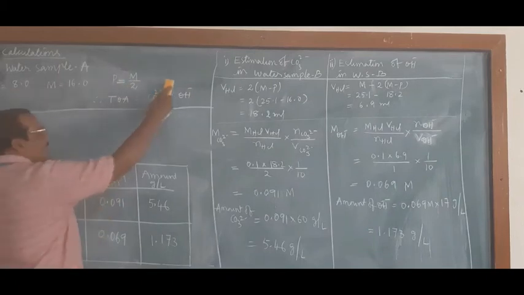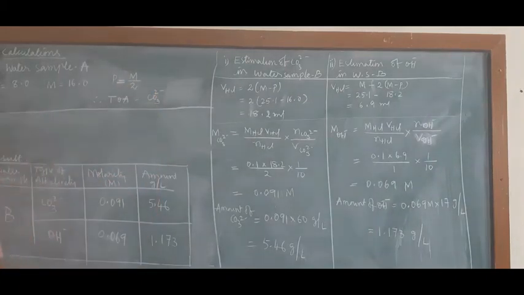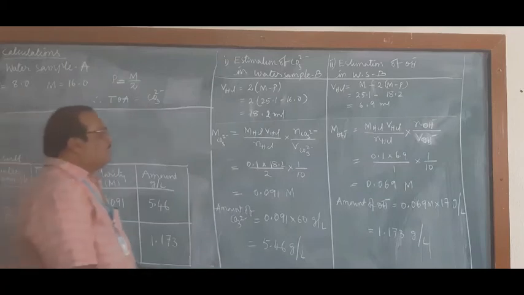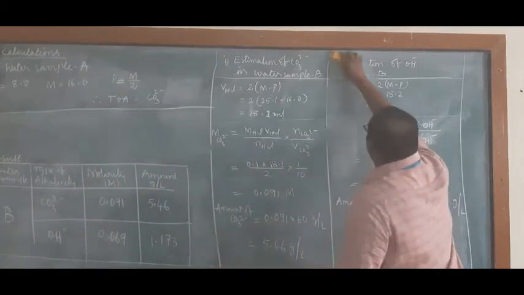Then type of alkalinity is carbonate alone. Then no need to estimate other ions. Only carbonate estimation is to be done.